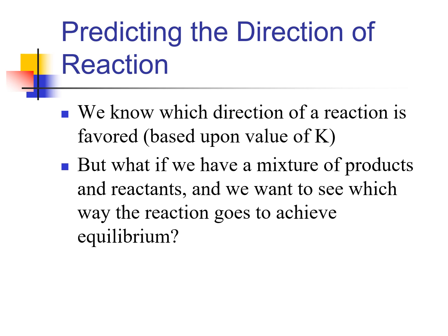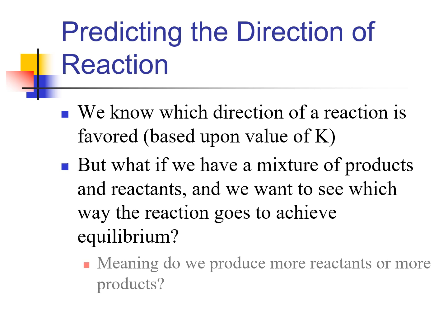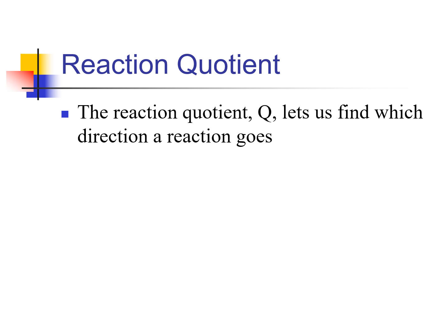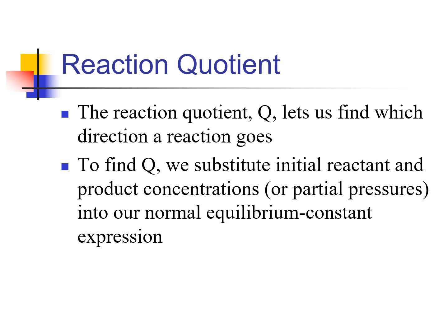Will we have to make more reactants to reach equilibrium? That's where reaction quotient comes into play. Reaction quotient is capital Q. It is found the exact same way as K is, except you use initial values, not equilibrium values.